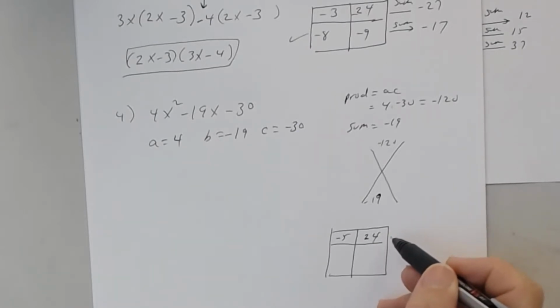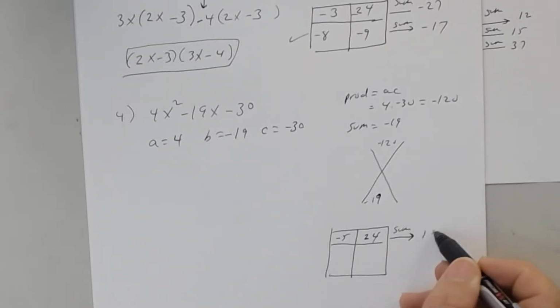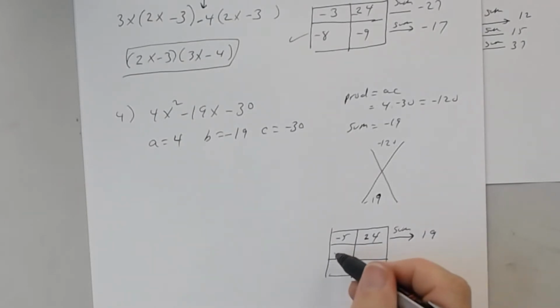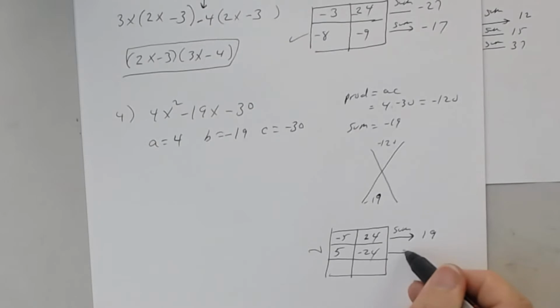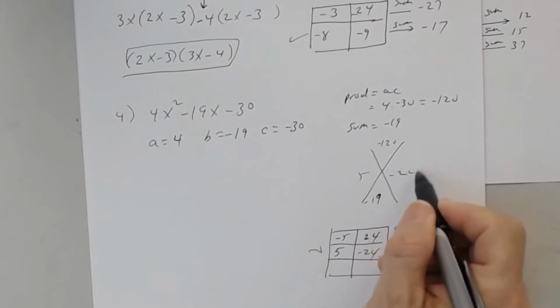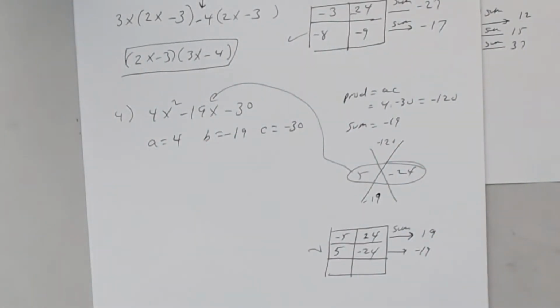But even if you didn't know that, you make sure you check that the sum is what you want. What's this sum here? A positive 19. I wanted a negative. So that means that I should use what? 5 and a negative 24, because that sum's going to be negative 19. So then I need a 5 and a negative 24. So those are the two numbers I'm going to use to rewrite negative 19x.